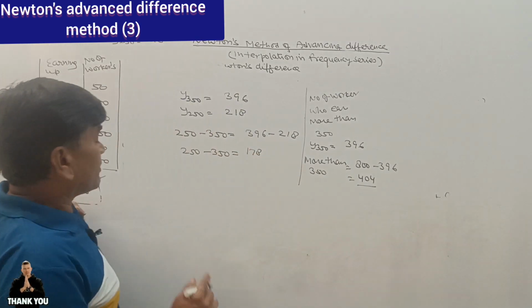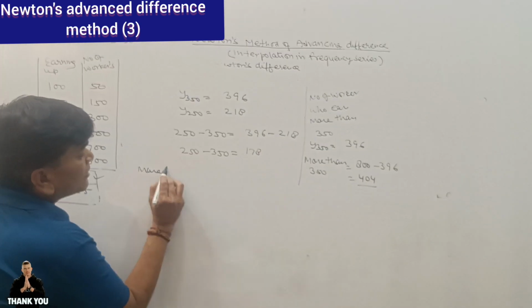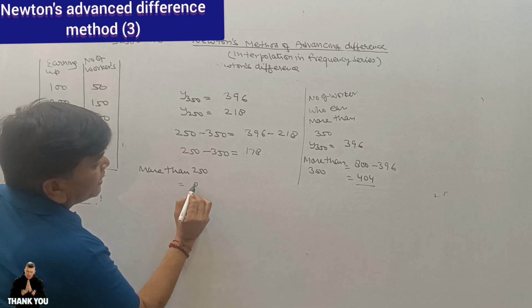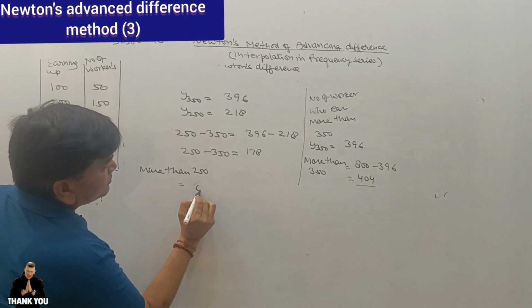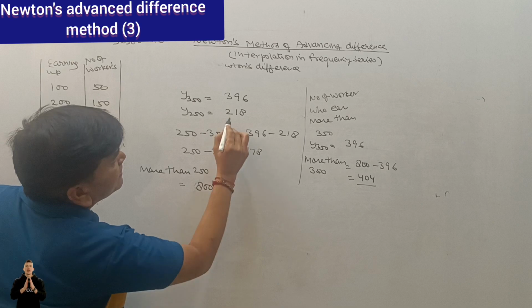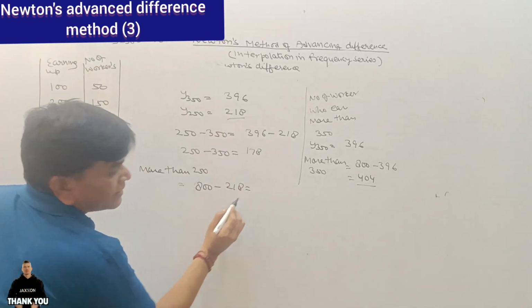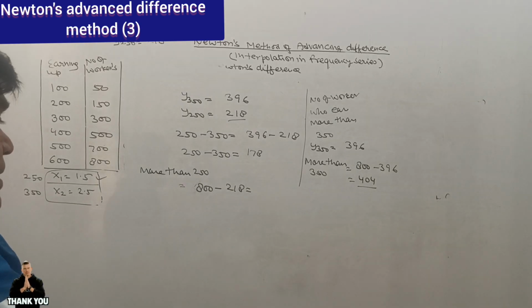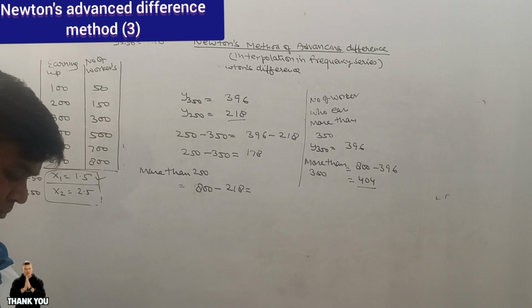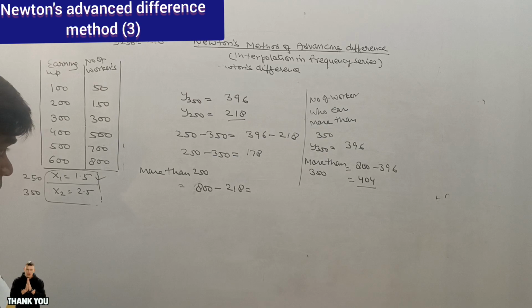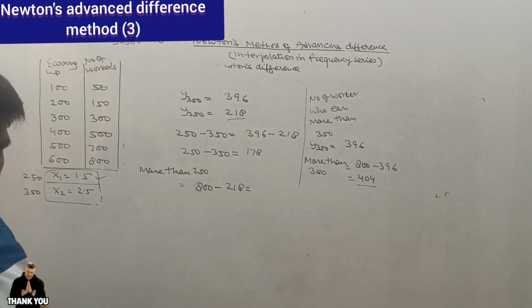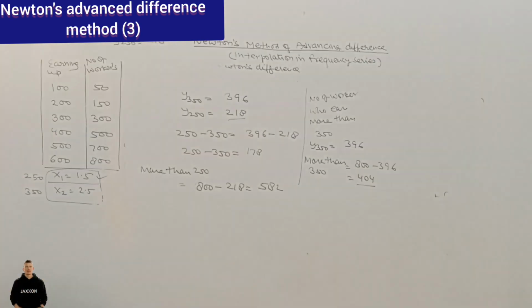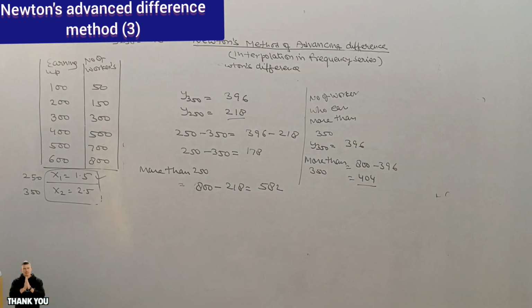If they require more than 250, then we are having 800 minus 218. So this will be 800 minus 218. So this is 582. So in this manner we can calculate the various values which are required.